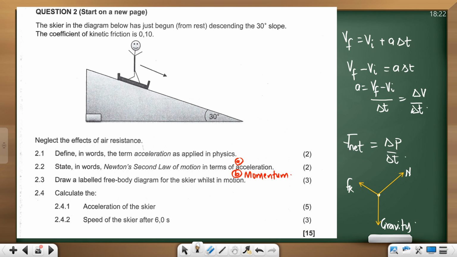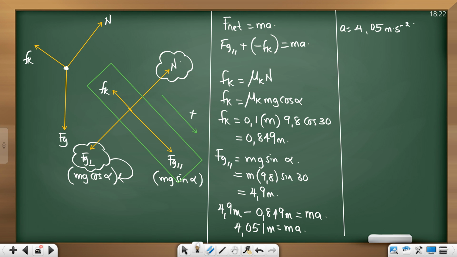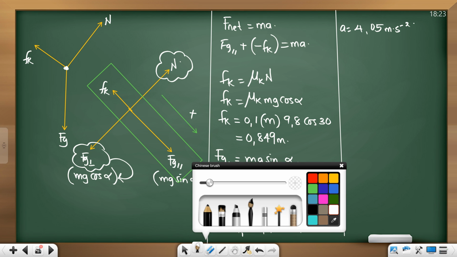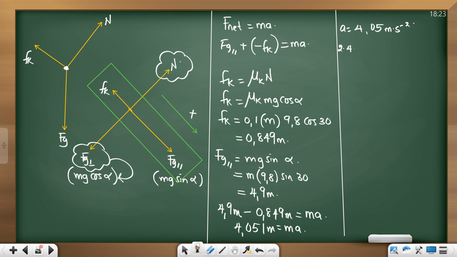One second, I know you're writing. Calculate the speed of the skier after 6 seconds. Okay, awesome. Now we want the speed after 6 seconds.